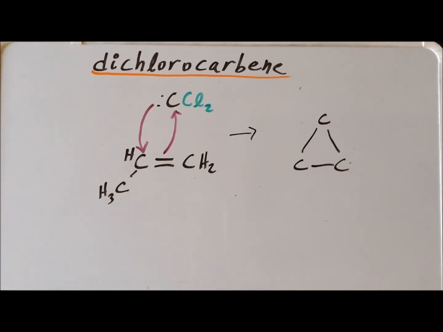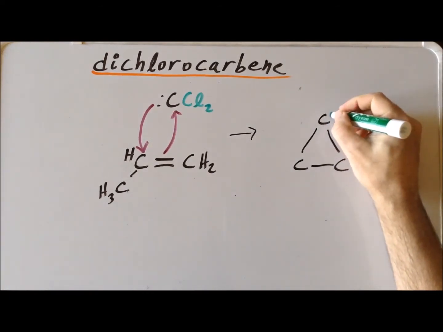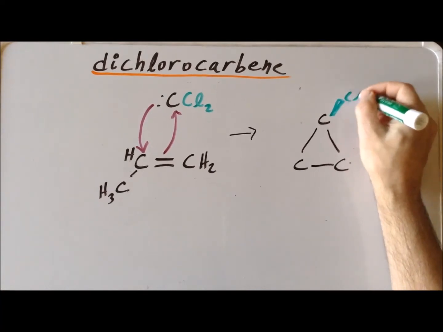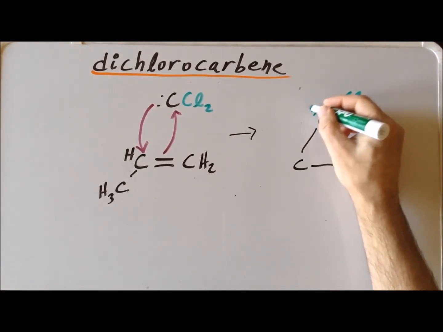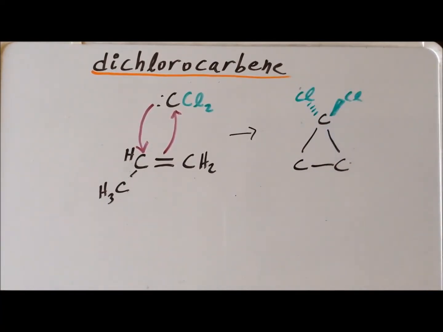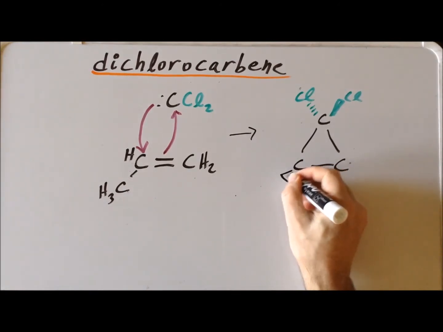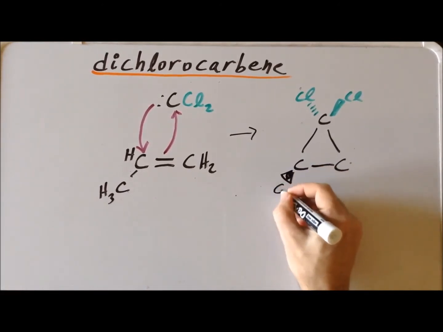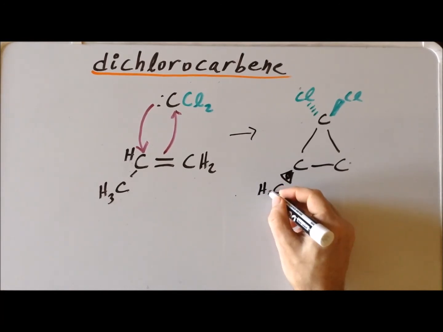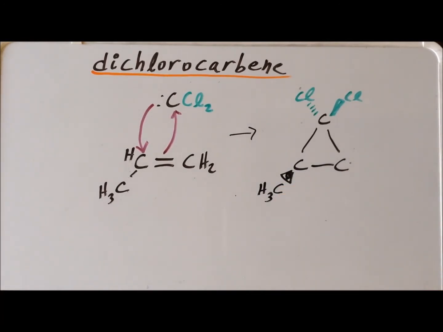And we know that attached to this 1 carbon, we're going to have 2 chlorine atoms, one above the plane of the ring and the next below the plane of the ring. We also now have a 3rd carbon that was attached to the alkene. So this will now be above the ring. Now, in this particular case, whether it is above or below the ring is not significant.